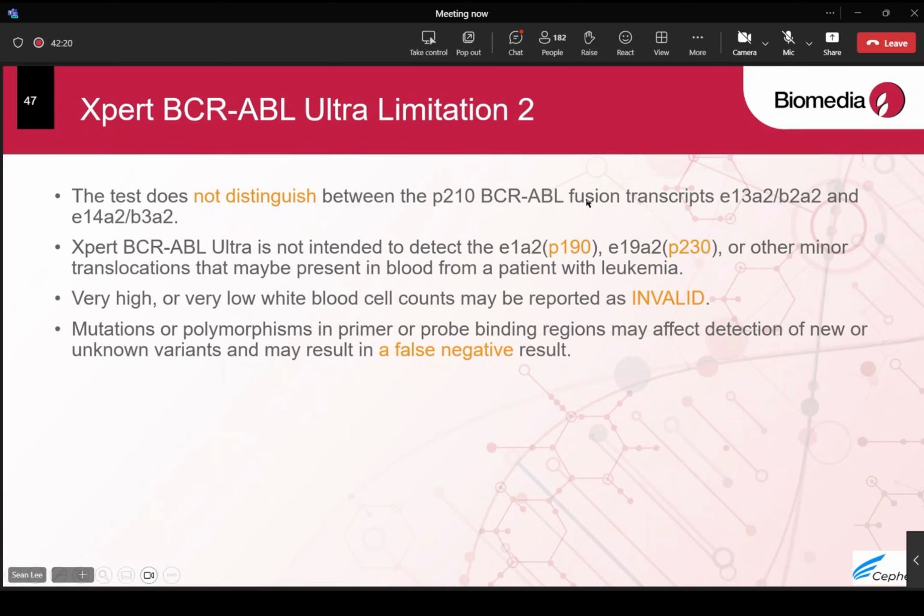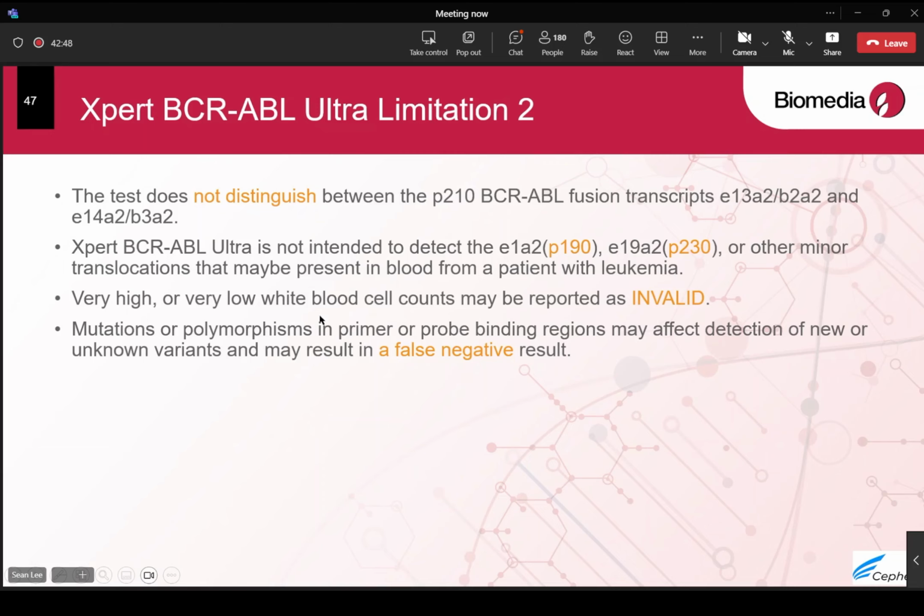This test is not intended to detect P190 and P230. Even though there is a minor translocation that may be present in blood from a patient with leukemia, this test cannot detect it.